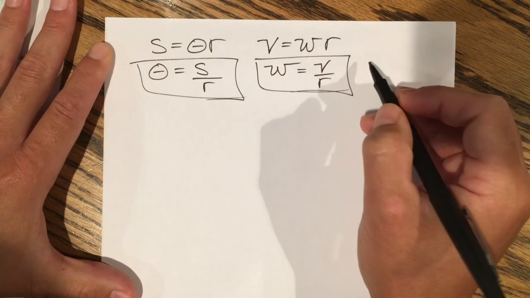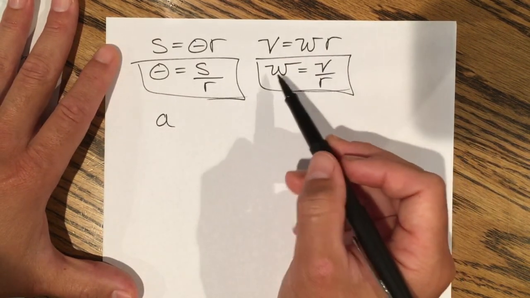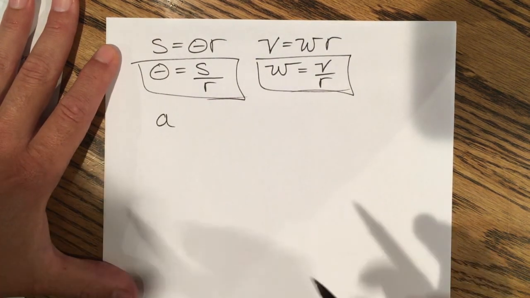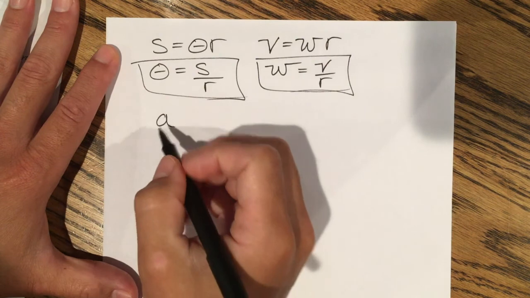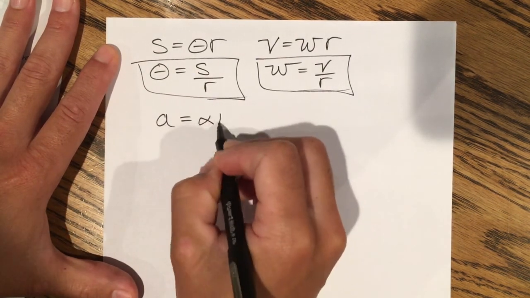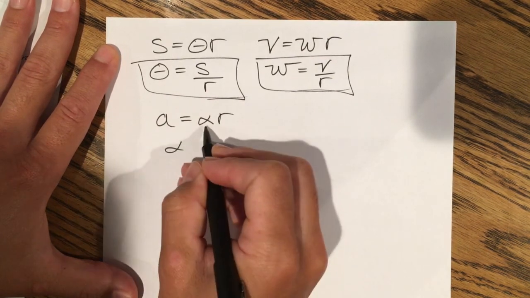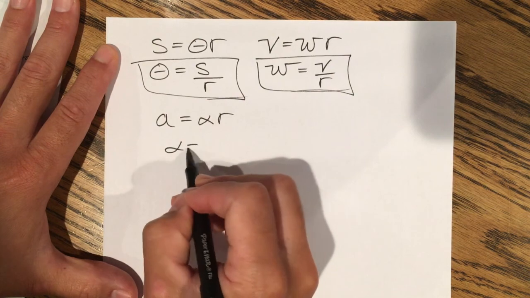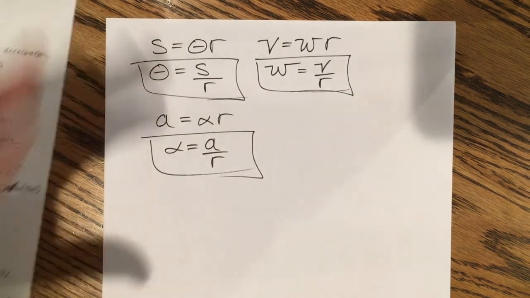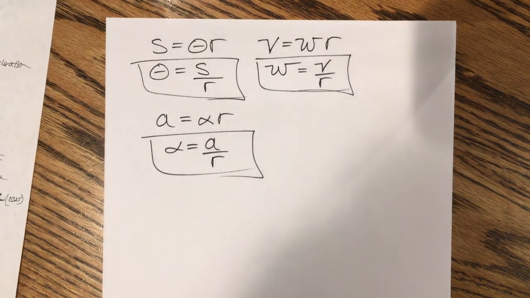So by dividing by the radius, we can get the angular quality. The last one would be acceleration equals alpha r, and we're just solving for alpha, so divide both sides by r, and we get a over r is equal to alpha. All right, so hopefully that's sitting well with you and making sense.